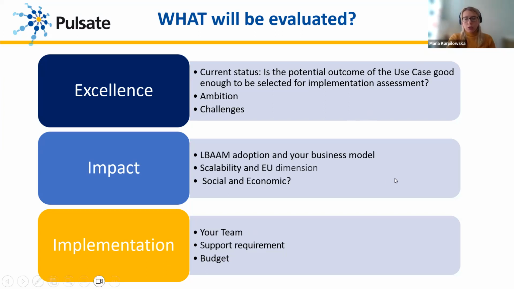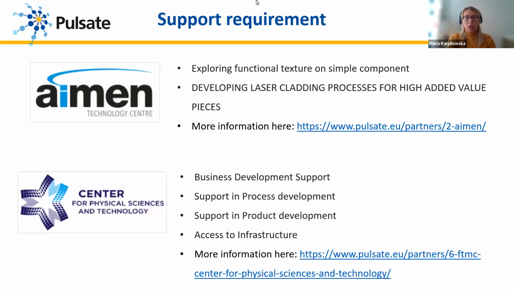And we would also like to draw your attention today to where you can find the catalog of services or consultings available from Pulsate partners, and how you can refer to them in your application form.